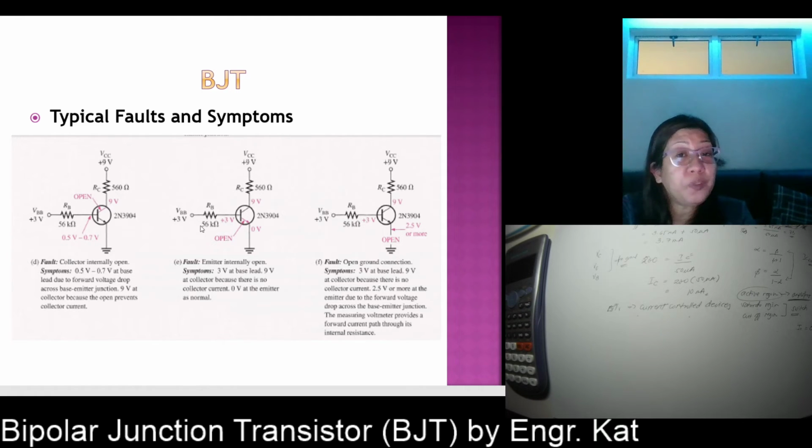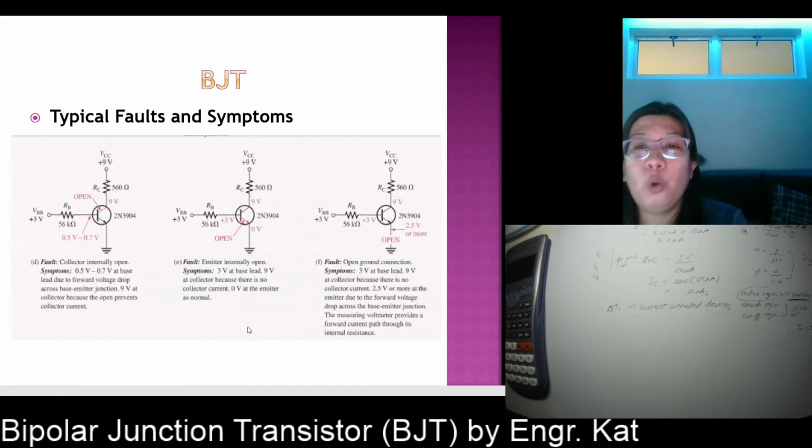When your RB is functioning, your RC is functioning, and still we cannot read anything, most probably your emitter is internally open. When you read 3 volts here and at the same time you read 9 volts here, there is no collector current. That means 0 volts at the emitter is normal.